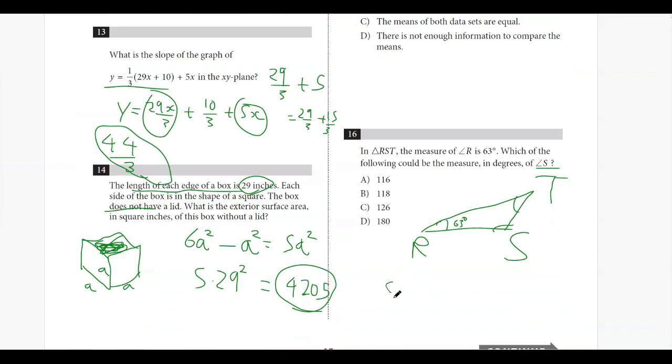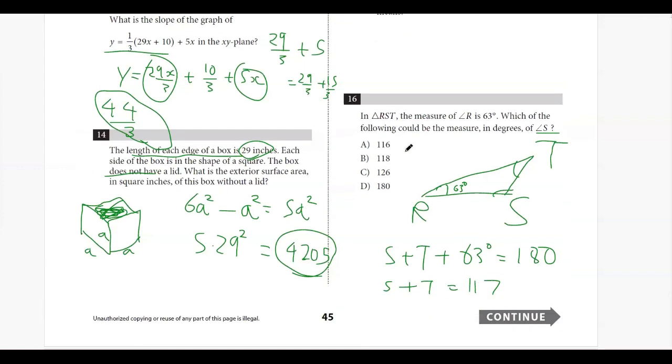So S plus T plus 63 is equal to 180. So we have a relation: S plus T is equal to 117. Now, if I put 116 for my S, T is 1. So this makes sense because S and T are both greater than 0, excuse me.